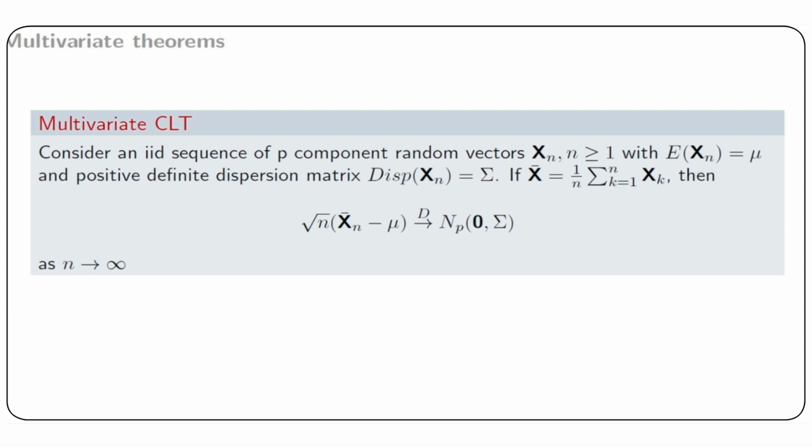So if x bar, which is again a p component random vector, is the average of n such p component random vectors, then square root of n multiplied by (x bar n minus mu) converges in distribution to a p-variate normal distribution with mean vector 0 and dispersion matrix sigma. So this is just an easy extension of Lindeberg-Levy CLT for univariate IID sequences of random variables.